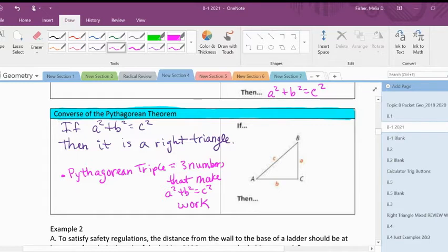So if a squared plus b squared equals c squared, then triangle ABC is a right triangle.